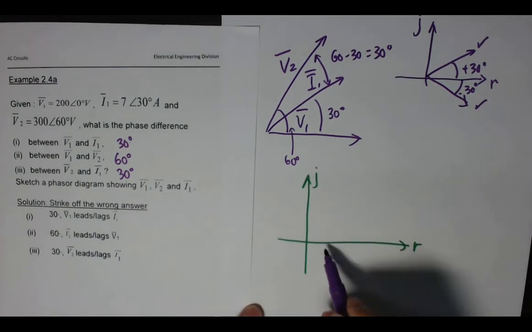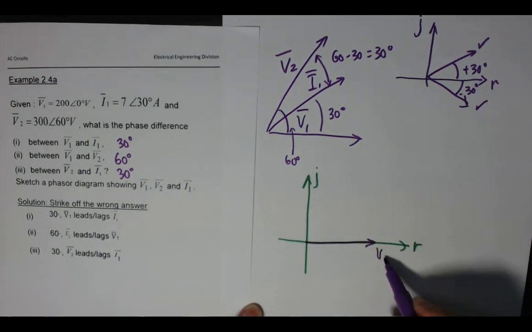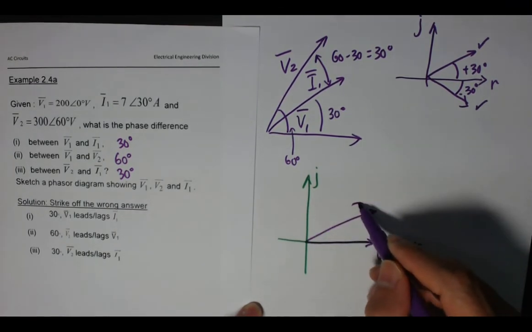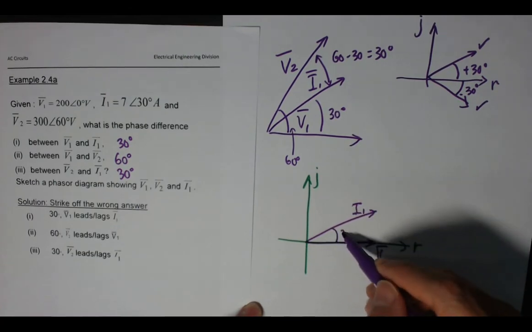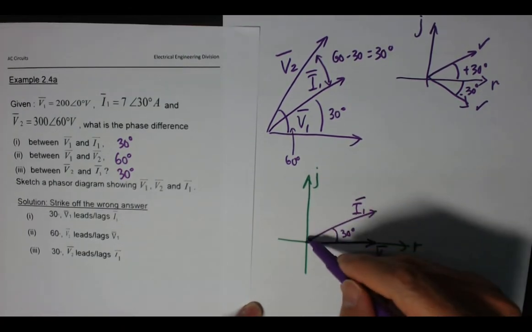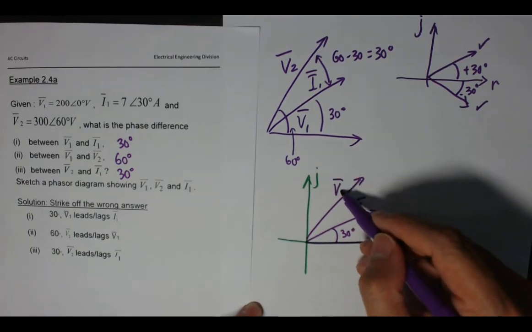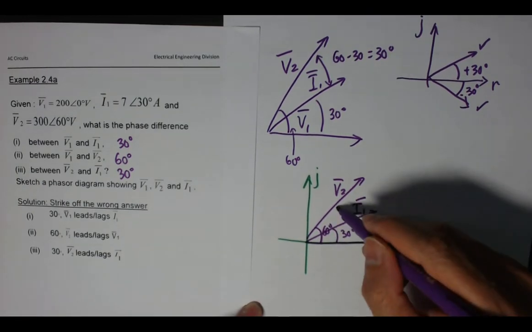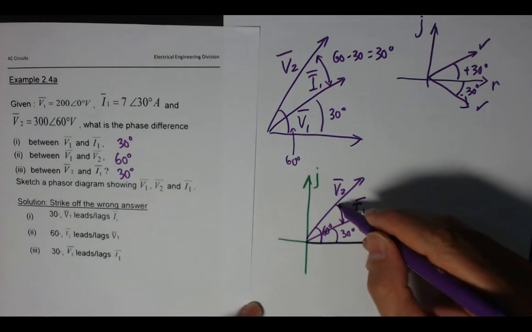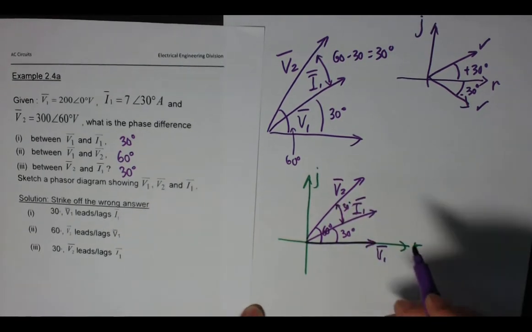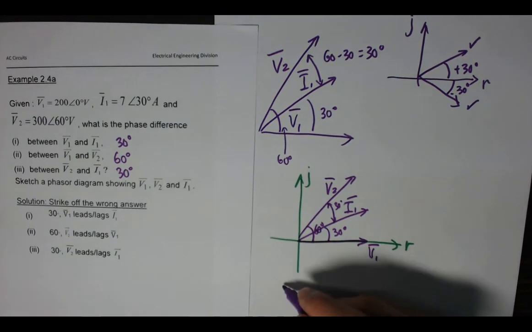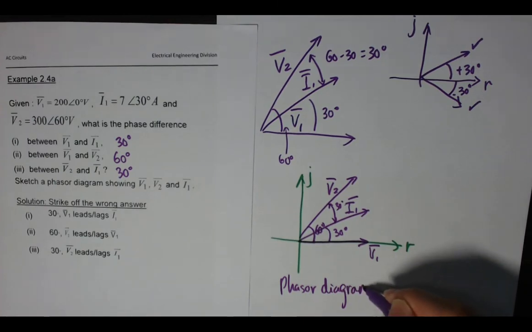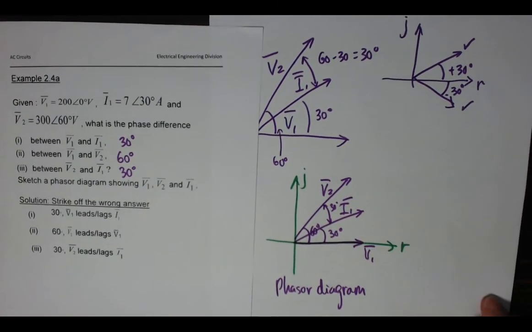So V1 is here, V1, I1 30 degrees, and V2 60 degrees. So the difference between V1 and I1 is 30 degrees as well. So that's the phasor diagram of all the three phasors inside.